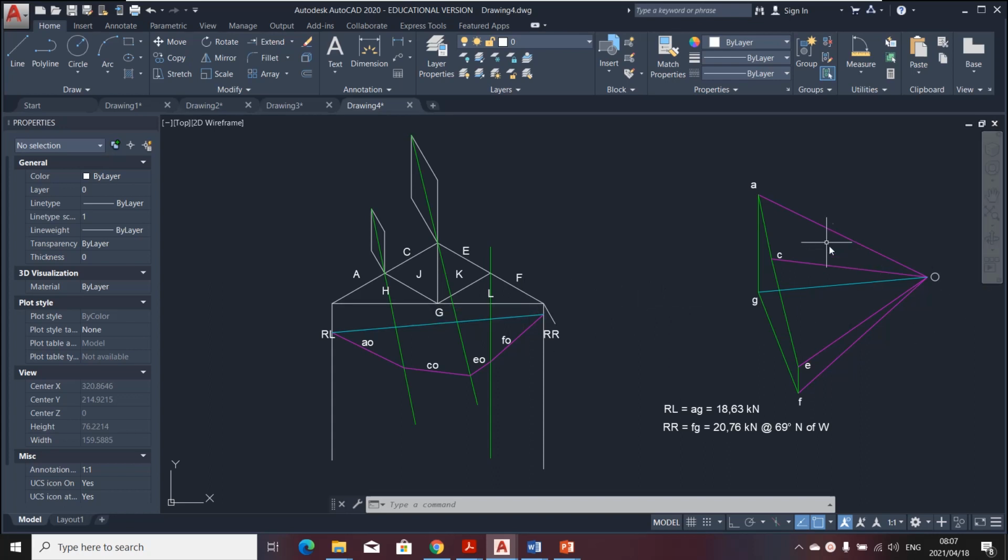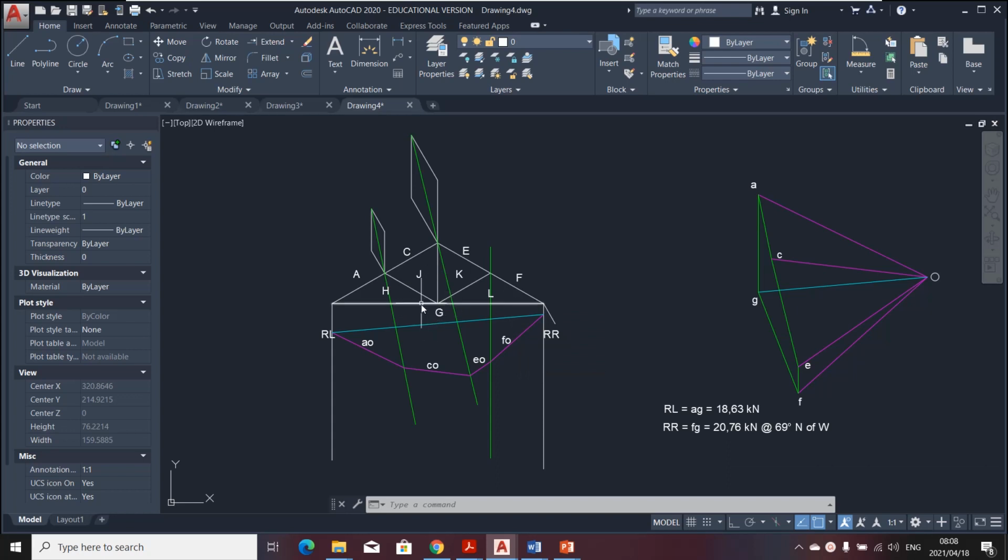Now, the most important thing when it comes to drawing the members: you must choose a joint, and the joint you choose must have a maximum of 2 unknown members. This joint has 1, 2, this one has 1, 2, 3, this one has 1, 2, 3, and this one has 1, 2 members.